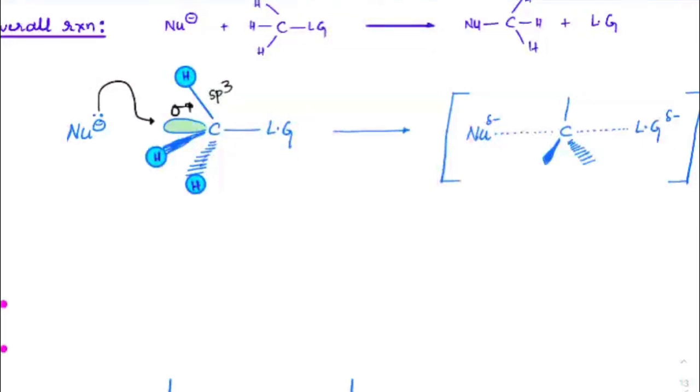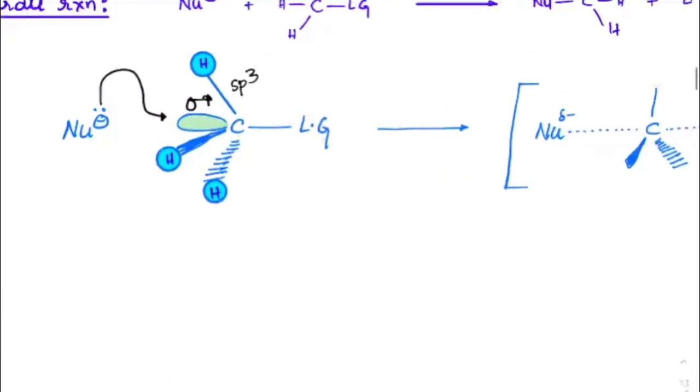This leaving group has to be a more electronegative element compared to carbon. So when that is connected, this sigma star which is forming will have the lowest energy in comparison to all of them, and this is the LUMO orbital of carbon in which the nucleophile will attack.